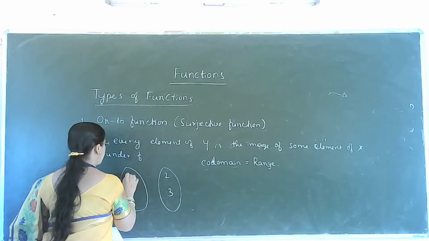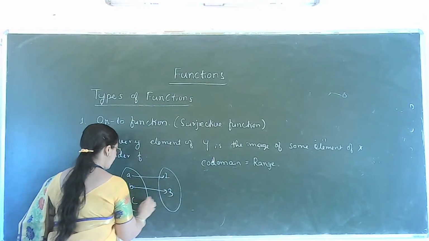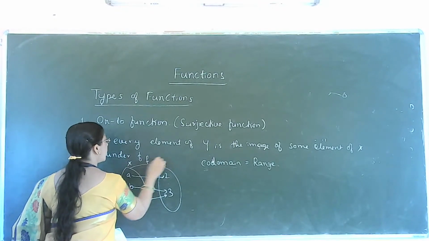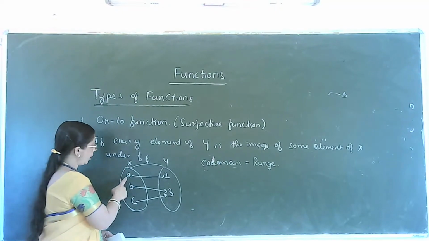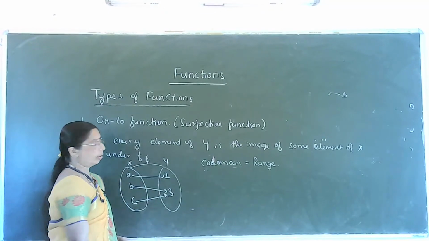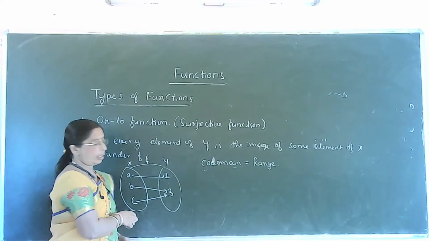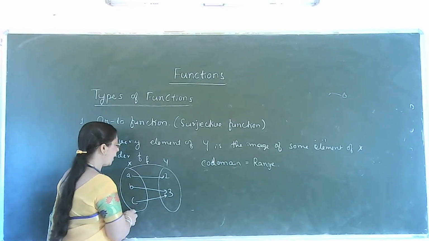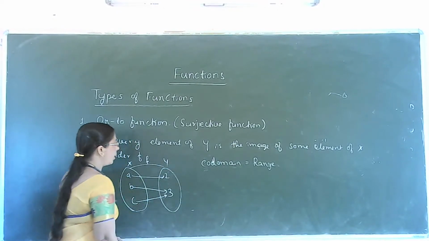Here the domain elements are A, B, C and in the codomain 2, 3. 2 and 3 are the images of A, B, C. 2 may be the image of A, and 3 is the image of B and C. It's okay, but no element is remaining.